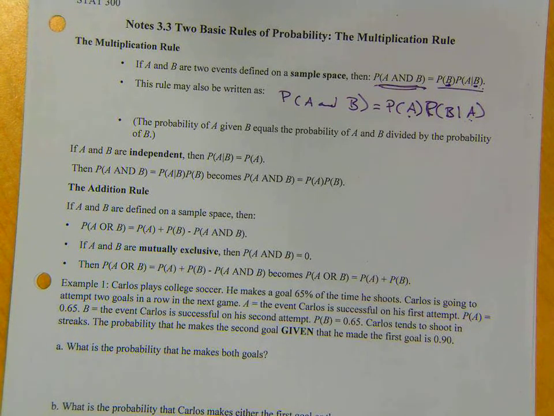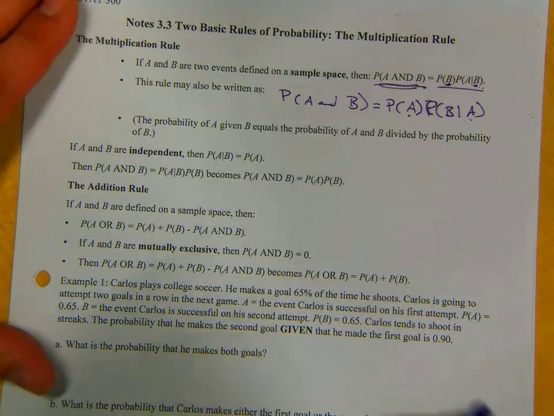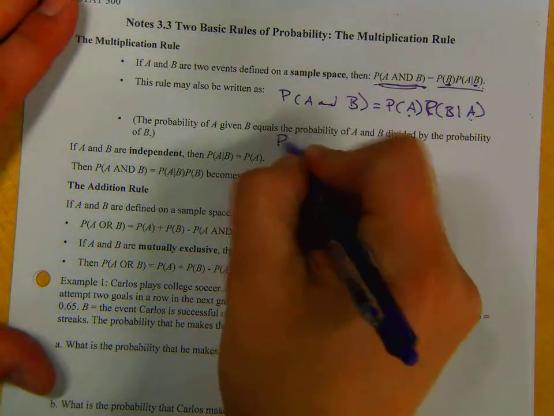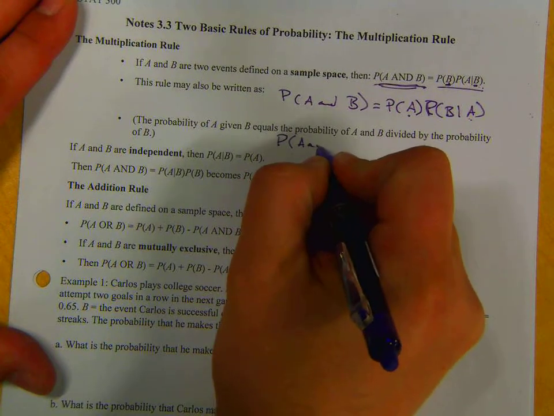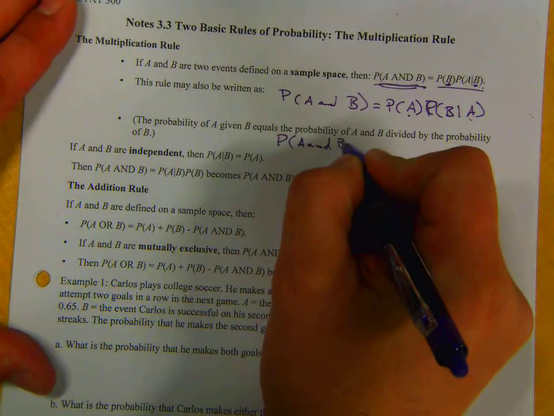So if I have the probability of A and B and C, maybe I should just write it on this board. We could expand this to multiple events.